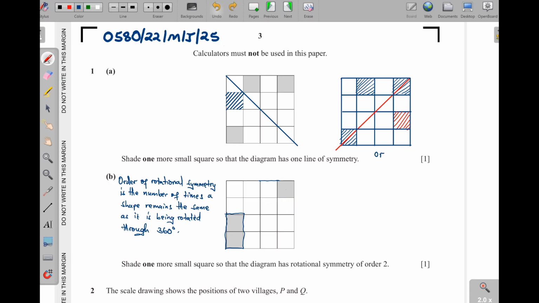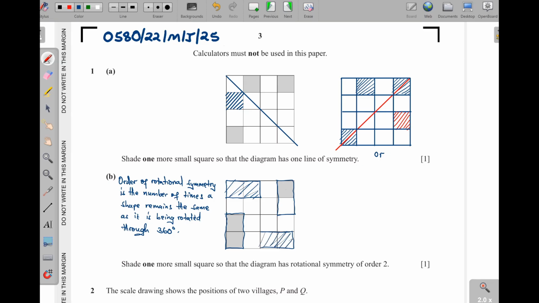Okay, so suppose I shade this other one here, and then I have that. That means when I rotate through 90 degrees, this one which is here will now come up to here. So it will be looking like that. This is how it will be. And then this one here will come here.